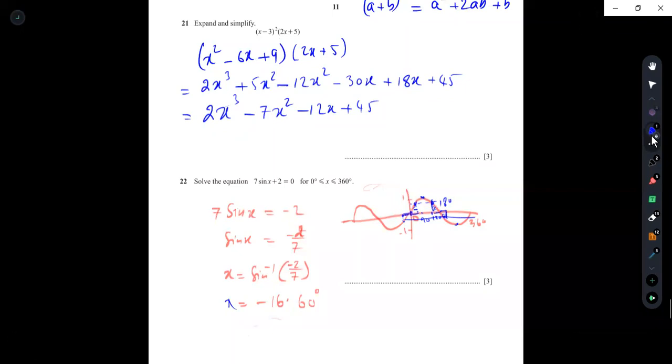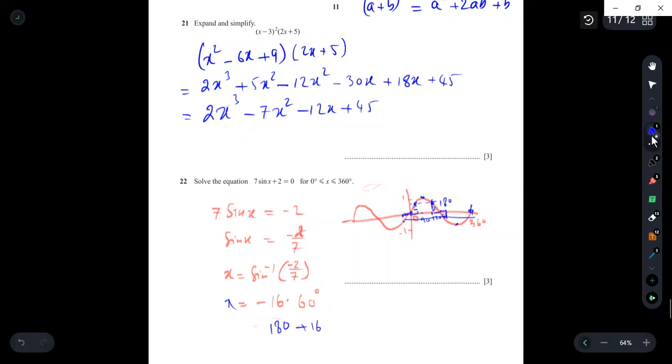So this 16 comes from 180 and onwards. So 180 plus 16 is our first answer. And then we have another answer that comes here. So again, the answer in range will be 180 plus 16.